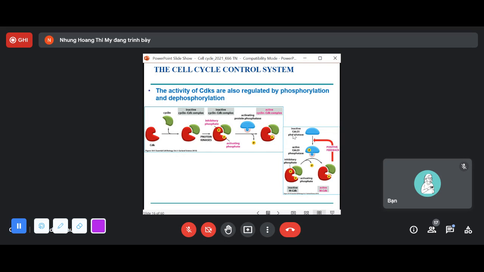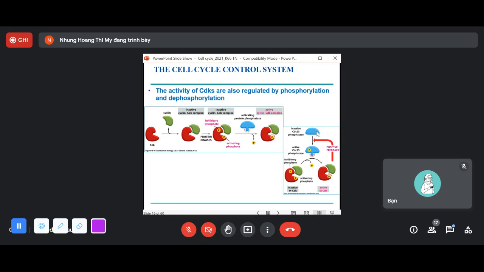This phosphatase CDC25 has to be activated by phosphorylation, and the phosphorylation of the CDC25 is regulated by the activity of the CDK. So after the CDK is fully active, this CDK can induce the phosphorylation of other CDC25. So the more active CDC25, the more CDK is activated through dephosphorylation.